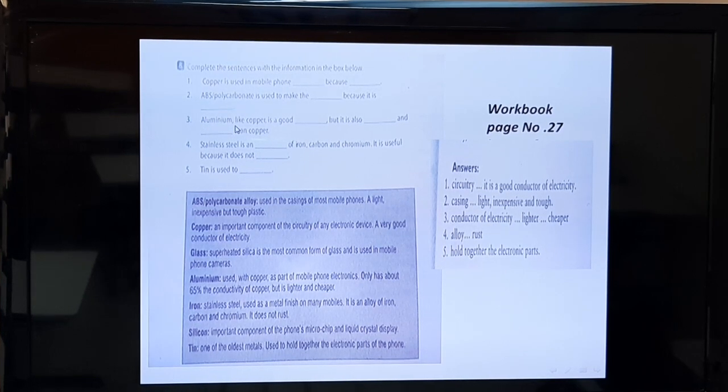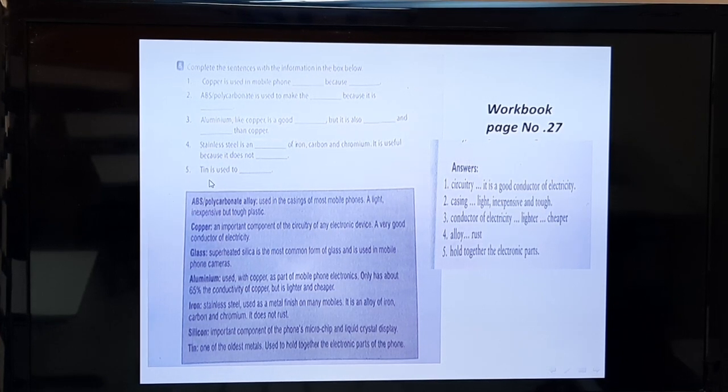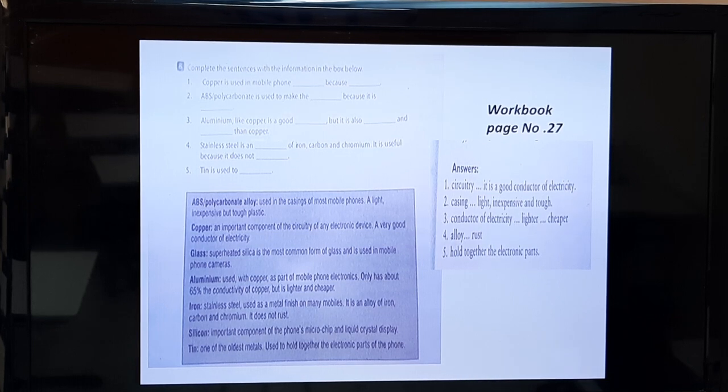Number 3, aluminium, like copper, is a good conductor of electricity, but it is also lighter and cheaper than copper. Number 4, stainless steel is an alloy of iron, carbon and chromium. It's useful because it doesn't rust. Number 5, tin is used to hold together the electronic parts.